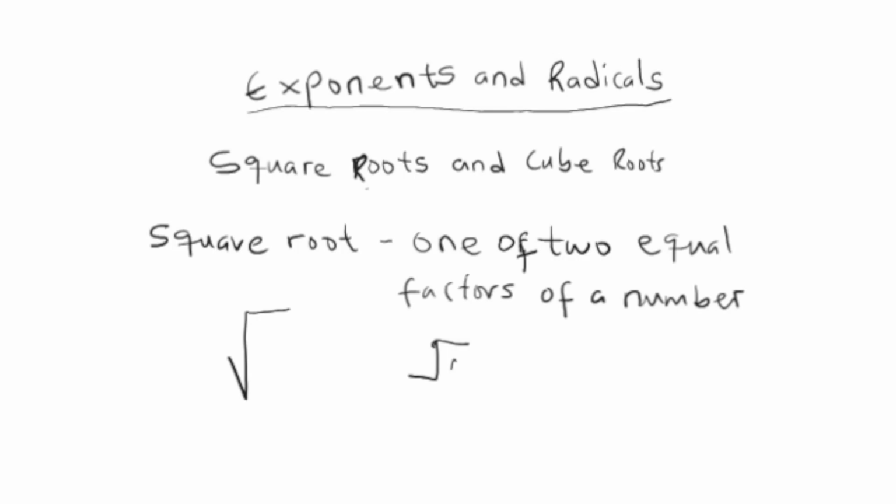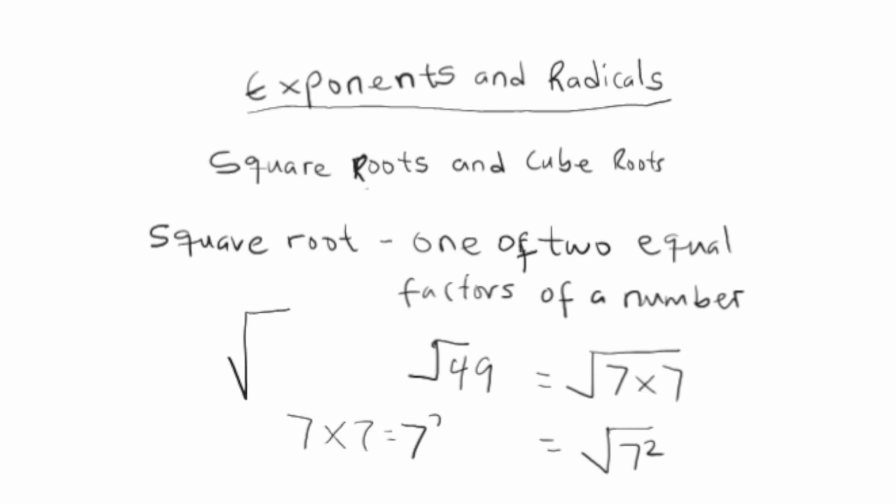If I say square root of 49, then this is going to give me square root of 7 times 7. 7 times 7 is 7 squared. Normally the root should have a small number here, and if it is a cube root we put the 3 there, but we just do this to represent square root.